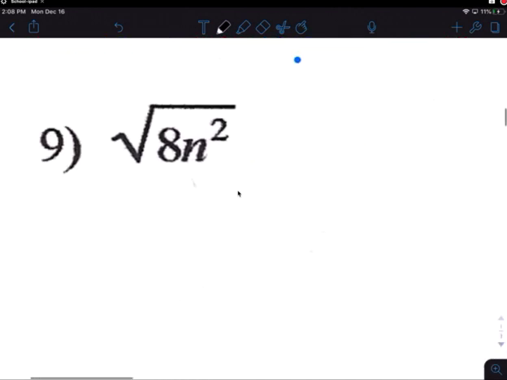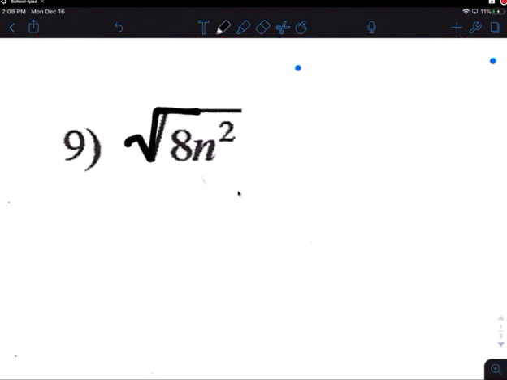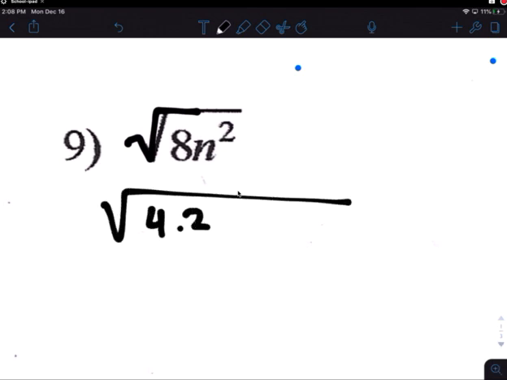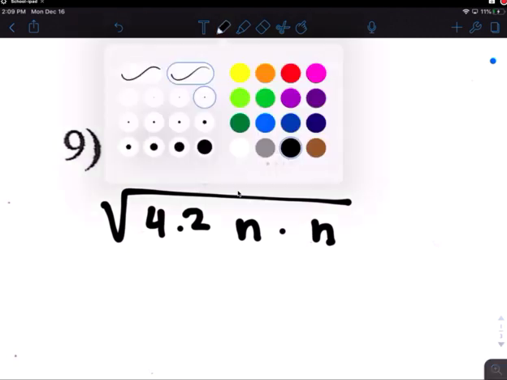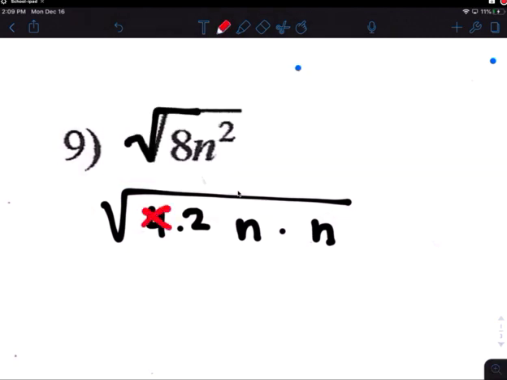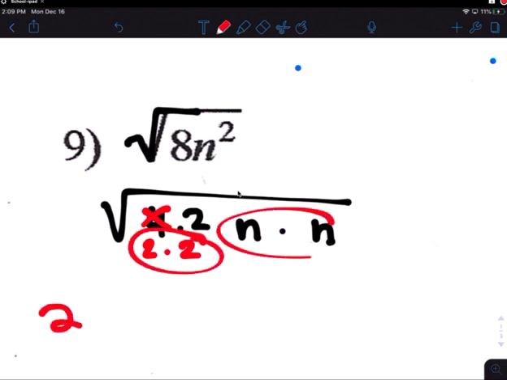Number 9 can't be that easy because square root of 8 is not a perfect square. So 8 is 4 times 2, and n is not a perfect square. Four can be broken down to 2 times 2, so you got one pair, so 2, and one pair over here, n.